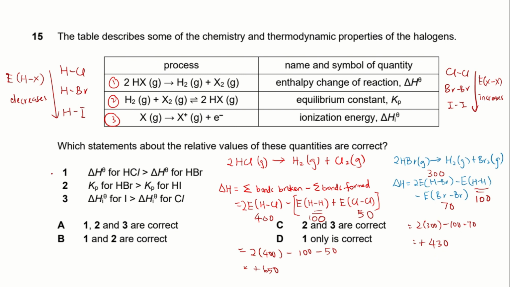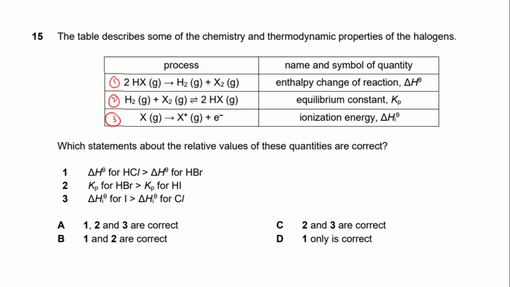So this statement is correct. In the exam, you could also use the same method. We do not have the actual value, but you can put in some hypothetical values so that you can use them to make comparison.